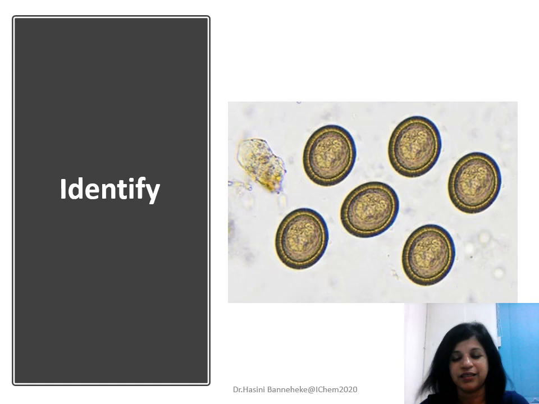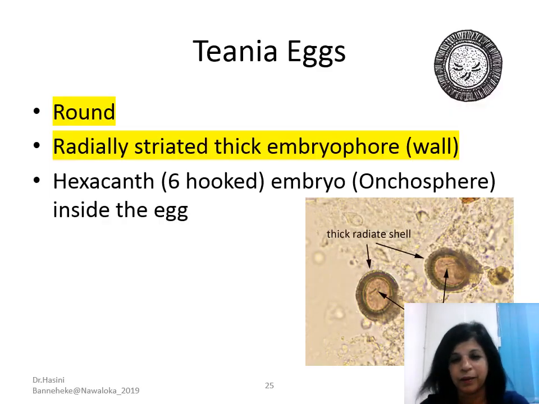This is another egg type which can come out in feces, which may be seen in the fecal samples. Just see whether you can recognize what it is. This is a Taenia egg. That means Taenia solium and Taenia saginata eggs. You can't say whether it is saginata or solium, but these are cestode eggs.